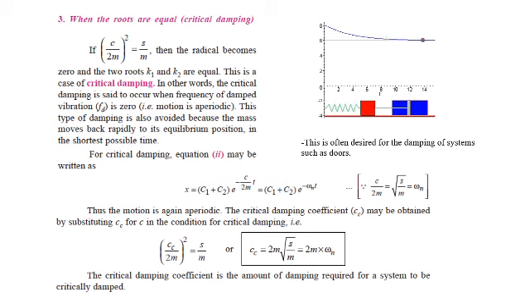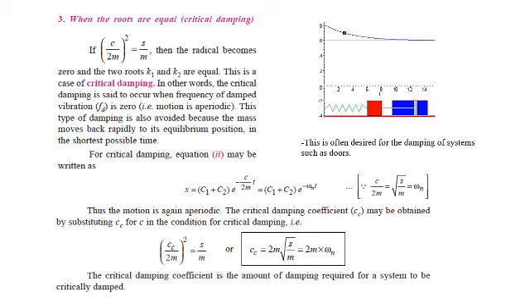Then you will get cc, that is critical damping coefficient, is equal to twice m into square root s by m, that is twice m into omega n. You have got cc is equal to twice m into omega n. Remember this formula as well for calculations in the numericals.